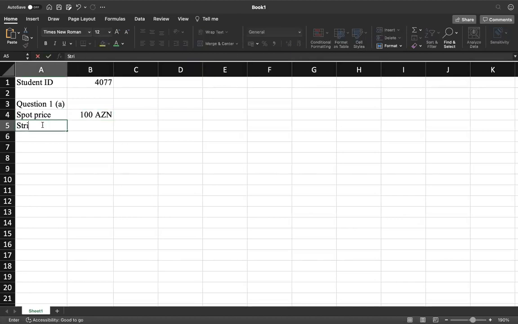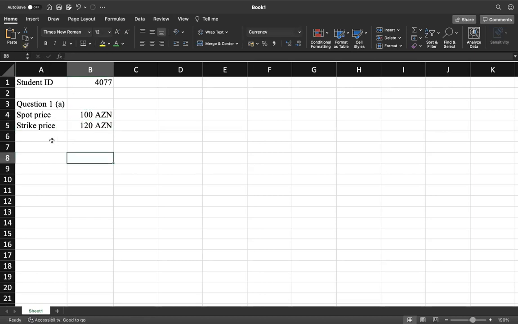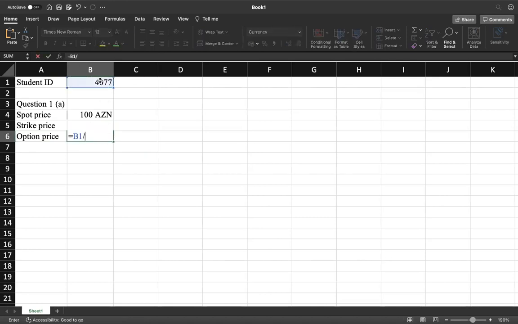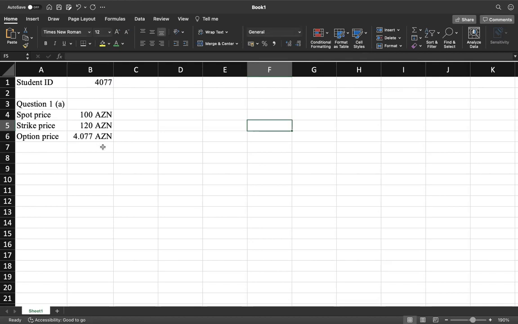Strike price 120, also AZN, and option price, which is your ID number divided by 1000. I'm adjusting the format here and increasing the digits. Then ID is my option price.